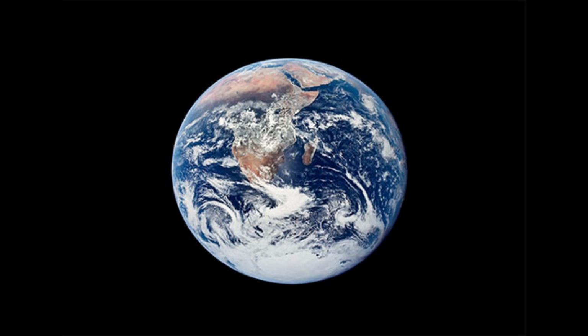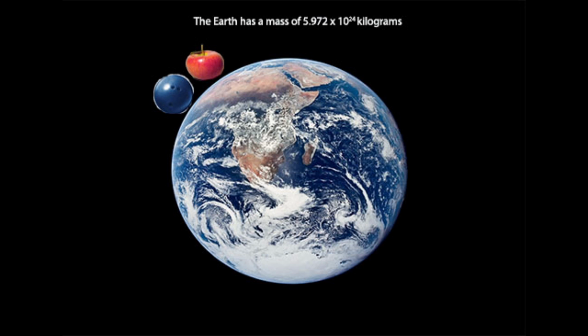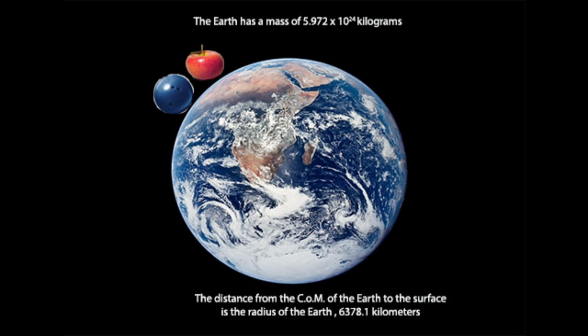Now that we've seen the acceleration of the Earth's gravity in action, let's calculate what it is. The first thing we need is to know that the mass of the Earth is 5.972 times 10 to the 24th kilograms. We also know that the bowling ball and the apple are on the surface of the Earth, and the distance from the center of mass of the Earth to the surface is actually the radius of the Earth, which is 6378.1 kilometers.